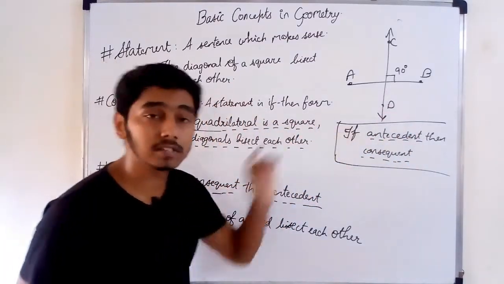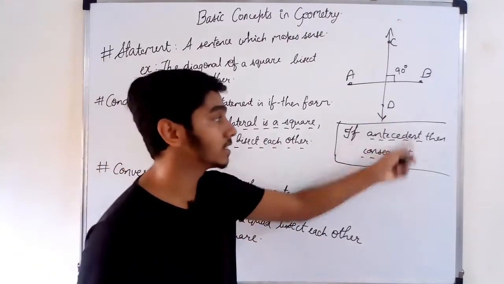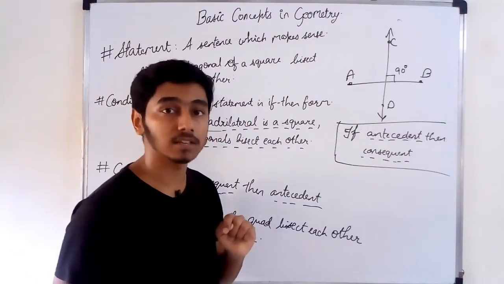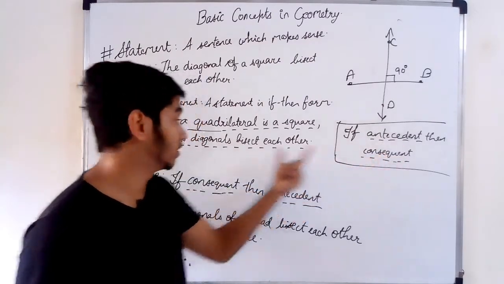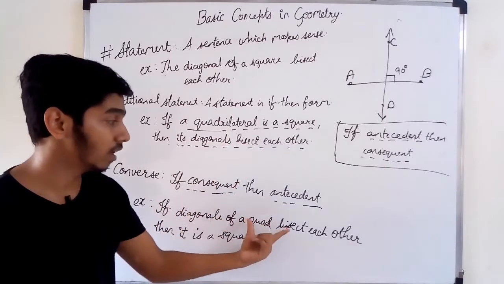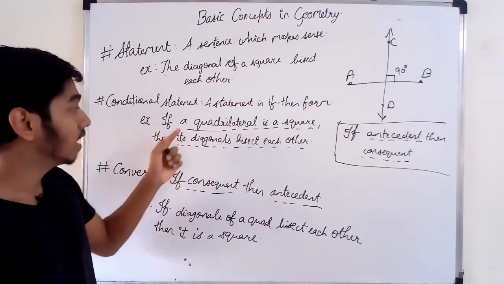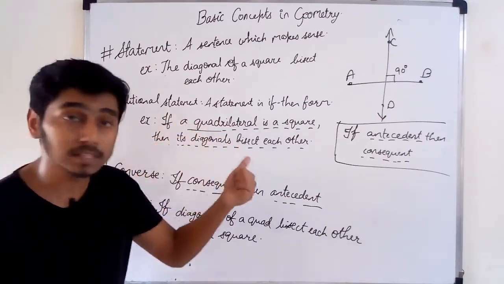Okay, this is done. This is the conditional statement. Then we saw what is converse. The converse is just the opposite of this. The consequent comes before. The idea of the consequent here, diagonals bisect each other, will come before. Let me repeat it once again.